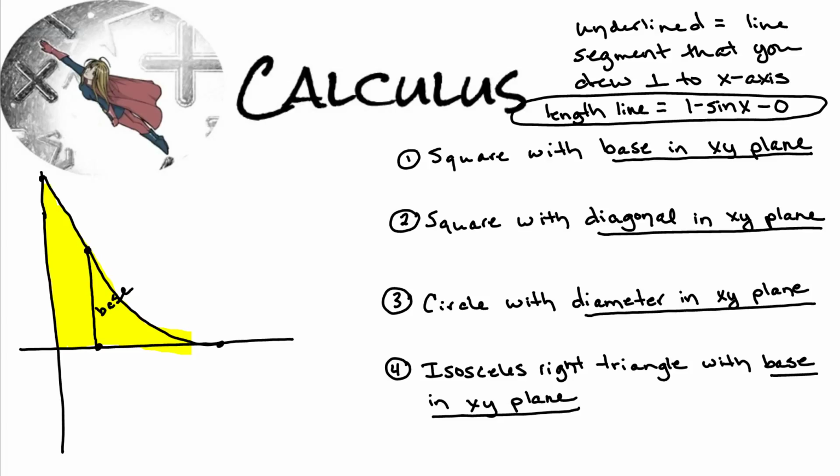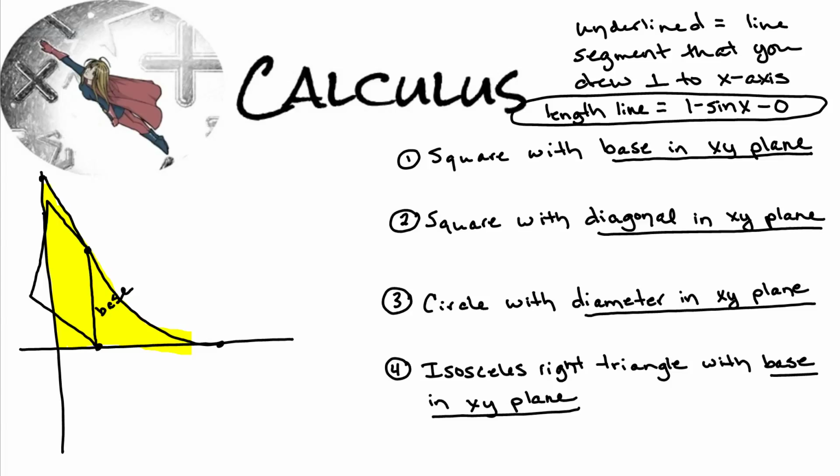But so for number 1, where it says that it's a square with the base in the xy plane, well, then that just means the square is coming up in a 3D fashion, up and out of the picture. And the area of a square is side times side, because it's just like base times height, but everything is the same length.